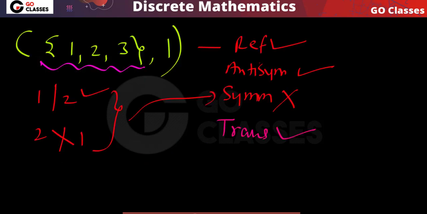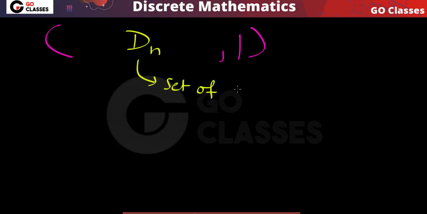Now in the next video, we will study a very special type of base set with the divisibility relation. The relation will be the same, divisibility, but the base set is very special, and it is denoted by Dn. That is the set of all divisors of n.